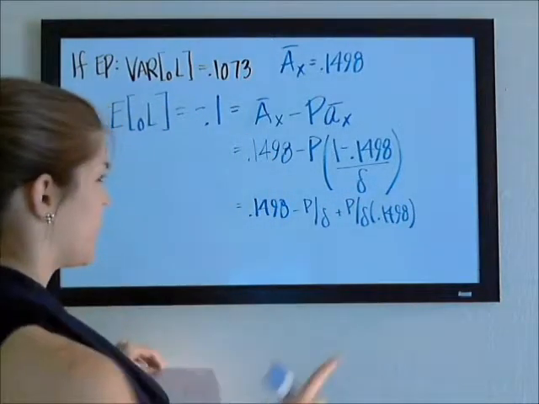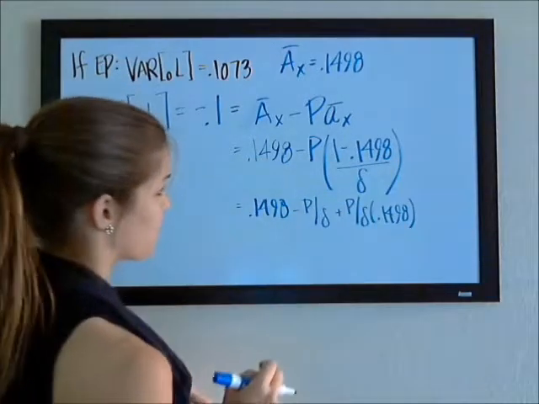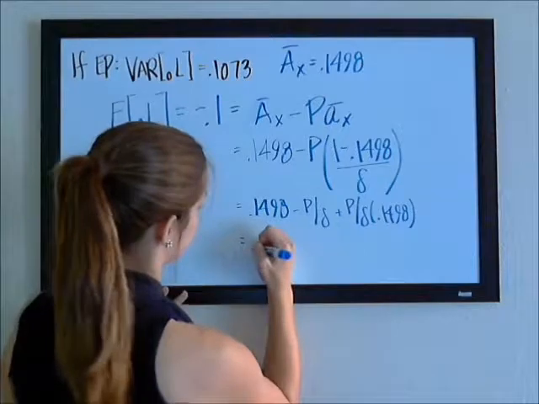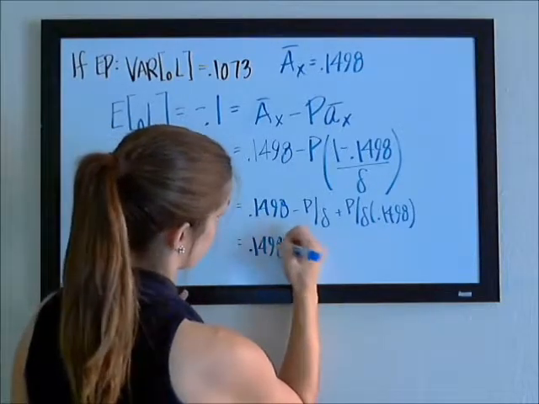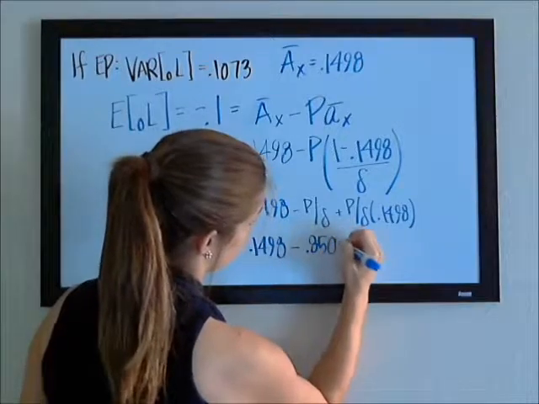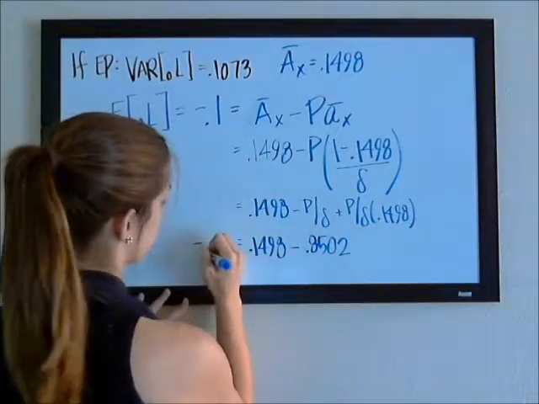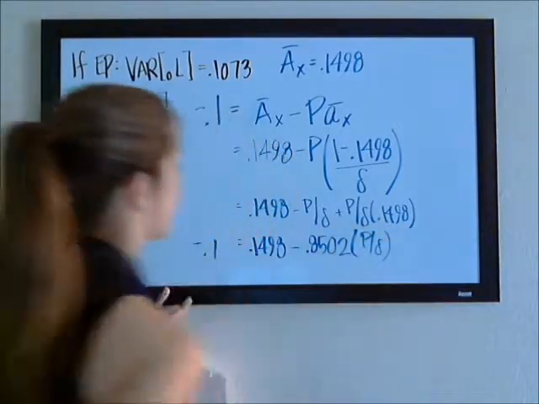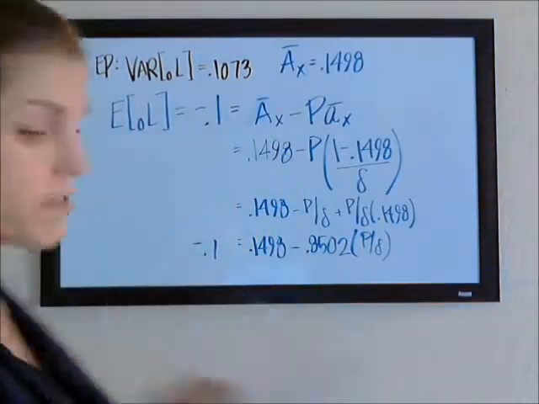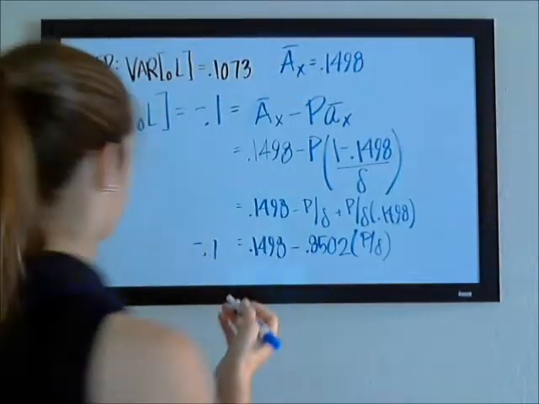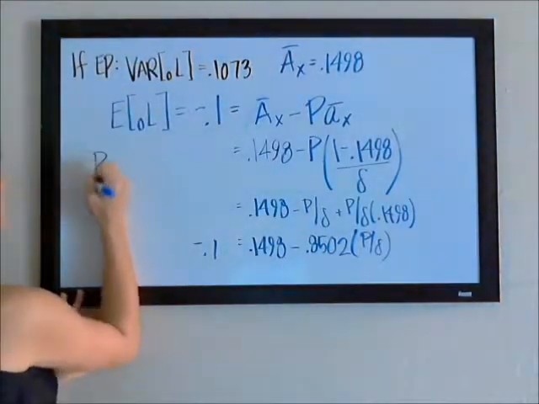I suppose it would have just been easier to do the 1 minus 0.1498 first, but oh well. Either way, this is just algebra now. And you can solve for P over delta. And I got 0.2938.